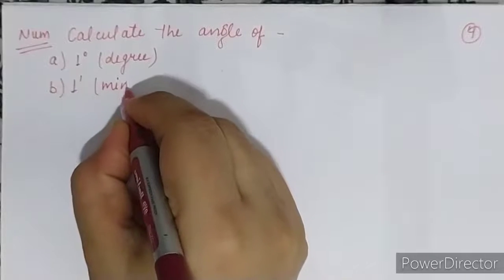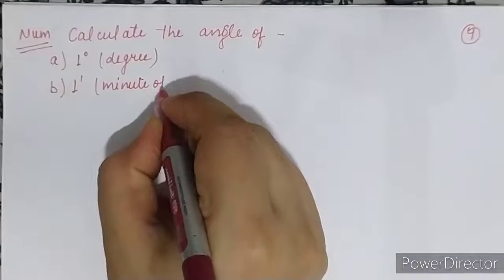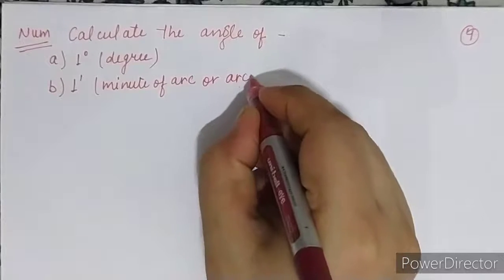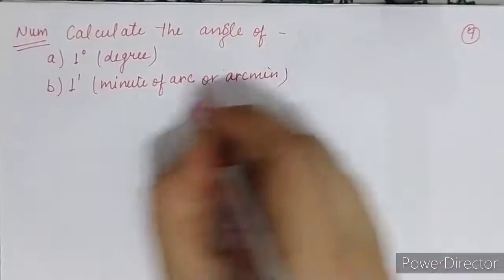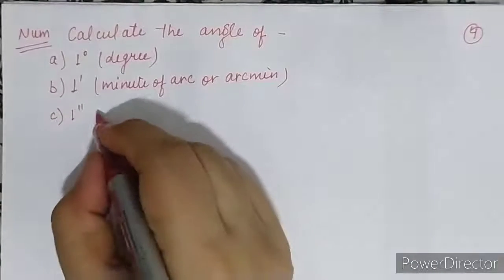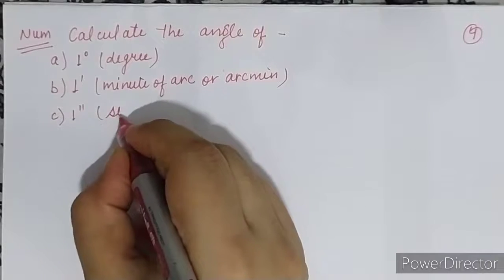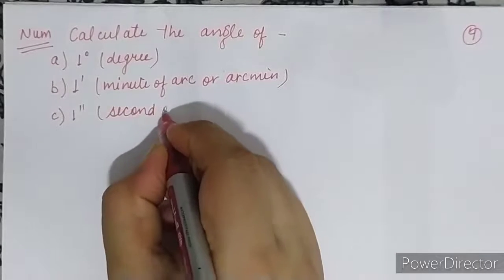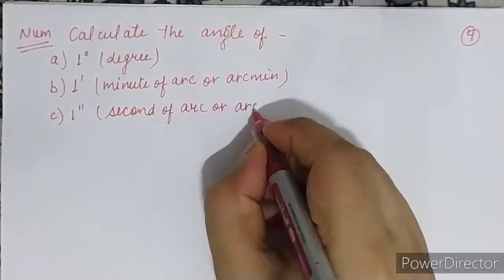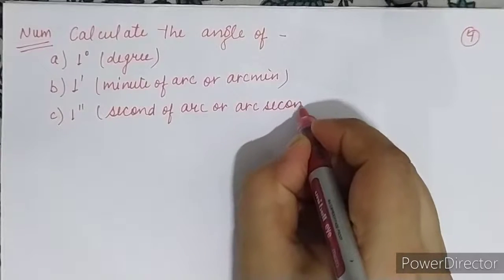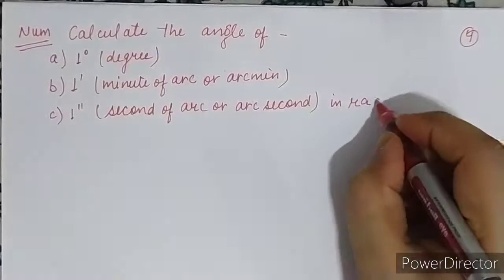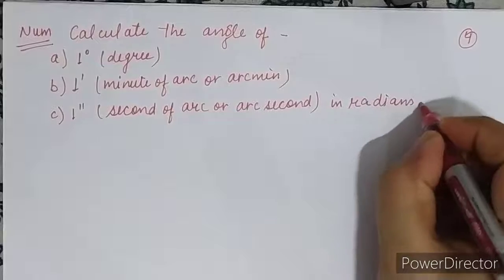This is a minute of arc, or you can just say arc minute. Clear? Next one is for the second. Double dash means this is for the second of arc, or you can say arc second, in radians, because these all are plane angles in radians.